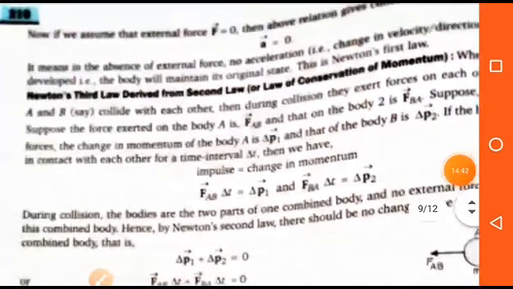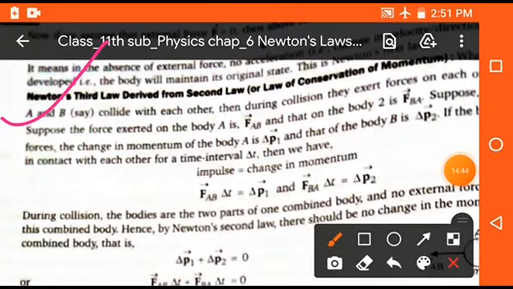Now there is a question: can Newton's third law be derived with the help of the second law? We can derive Newton's third law, the action-reaction law, with the help of Newton's second law. From impulse, we know that impulse equals change in momentum, that means F_AB into delta T is equal to delta P1.